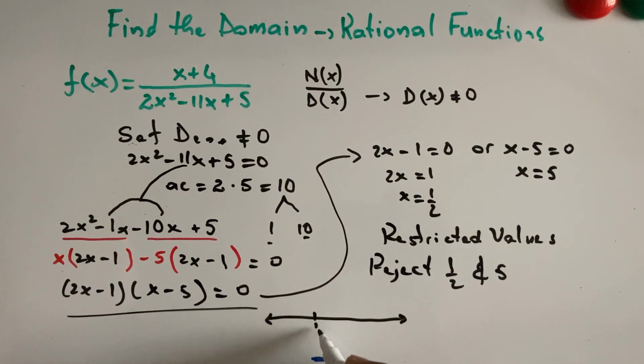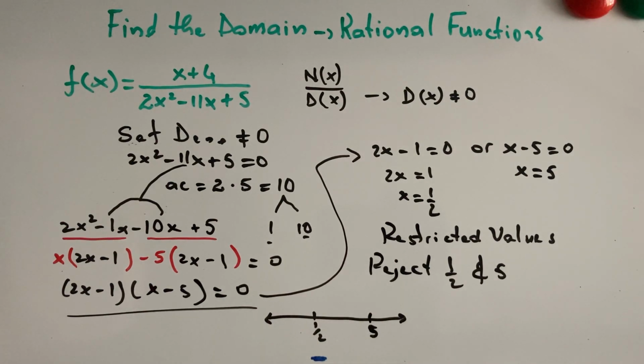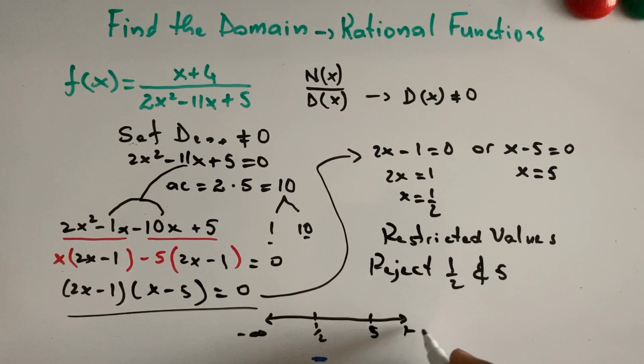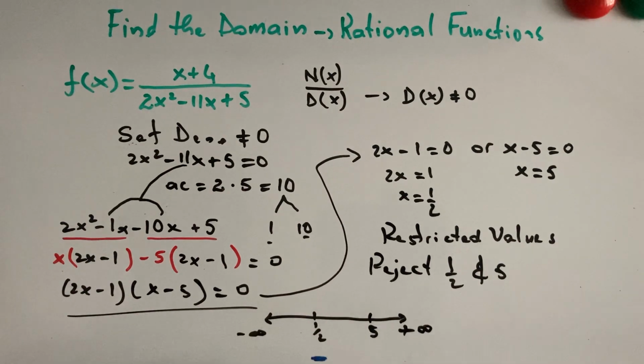Imagine you have 1/2 here, and you have 5 here, and you're trying to reject those two values, right? Rejecting these values would mean you accept the other values on the number line, right?